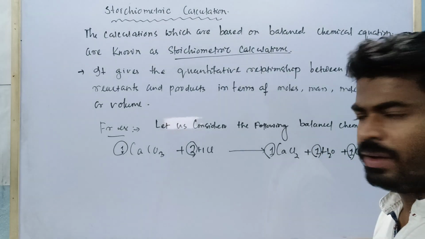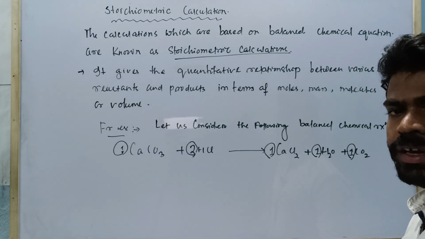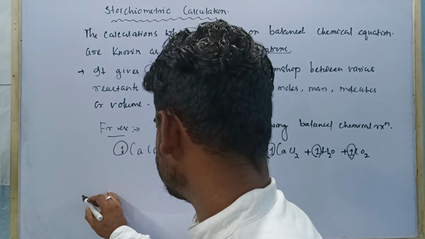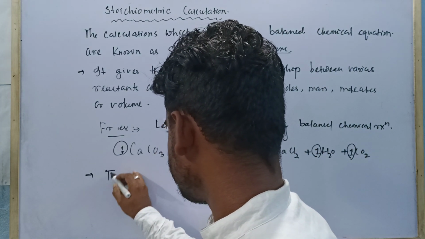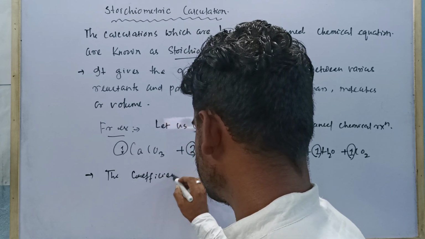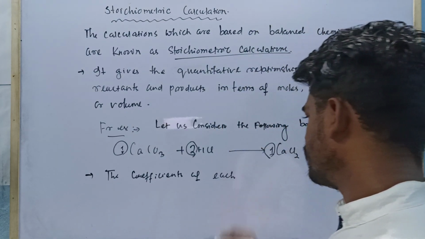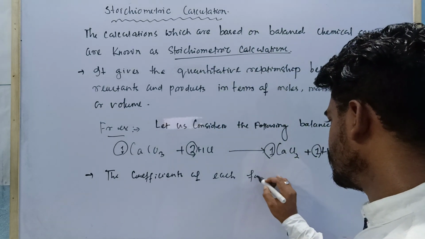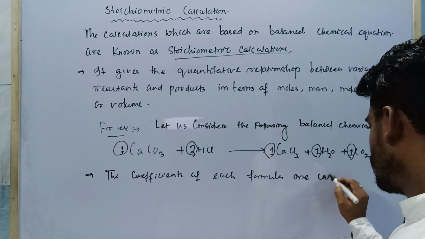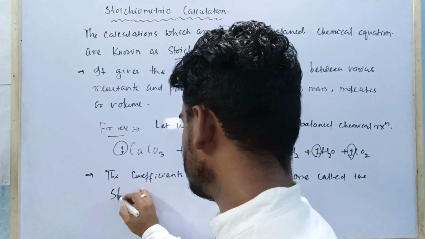So these coefficients present in the equation are known as your stoichiometric coefficients. The coefficients of each formula are called the stoichiometric coefficients.